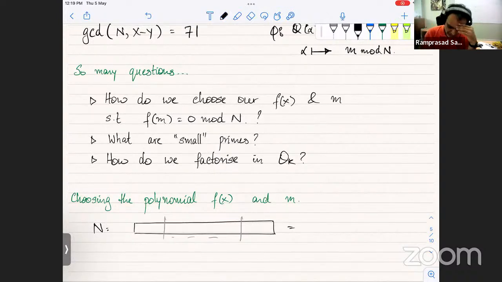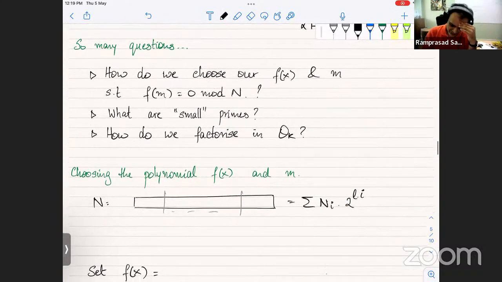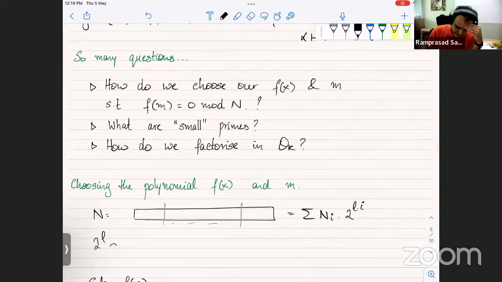What do I know right now? I know that n is equal to something like the sum of n_i times 2 to the L times i, because we are literally just writing the number in base 2 to the L. I'm going to choose 2 to the L to look like n to the power 1 over d, so I'm splitting it into something like d blocks.